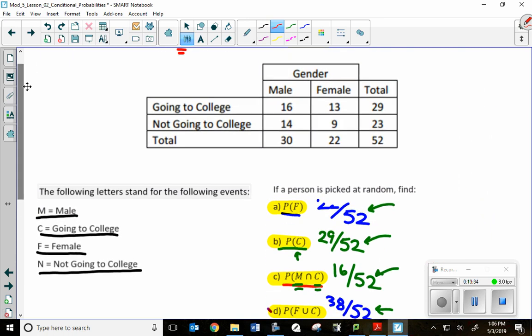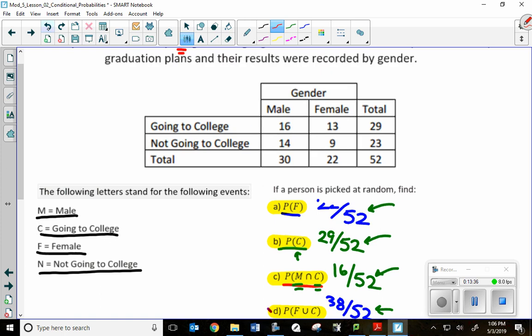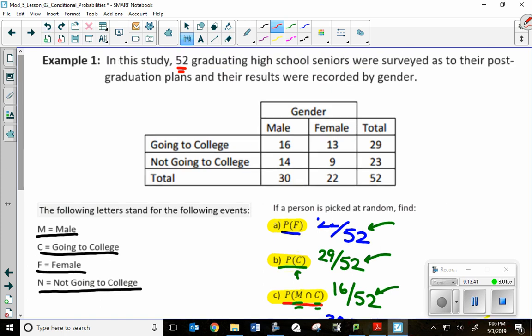Going back here, now I am asked to take the probability of females given college. This is the only thing that matters. I don't care about these 52 going to college.